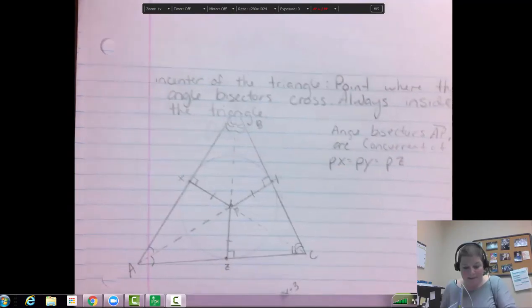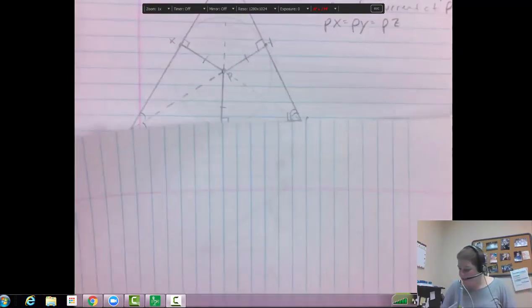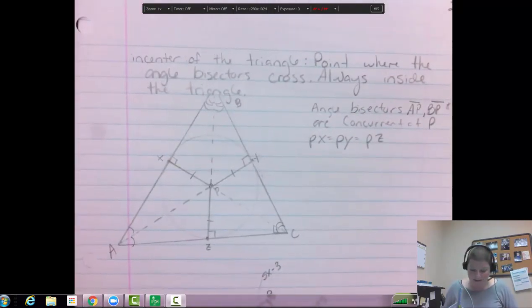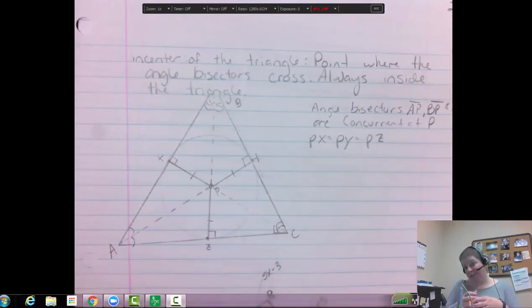Now the incenter, let me take that one off because otherwise you can see the shadow really good. So the incenter looks like this sort of. See how the circle's inside the triangle versus it was outside the triangle in the last one? The incenter of the triangle is a point where the angle bisectors cross, and it's always inside the triangle.